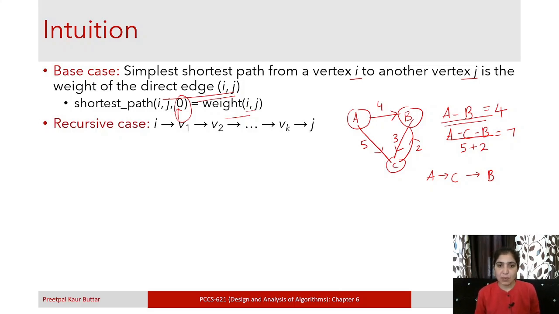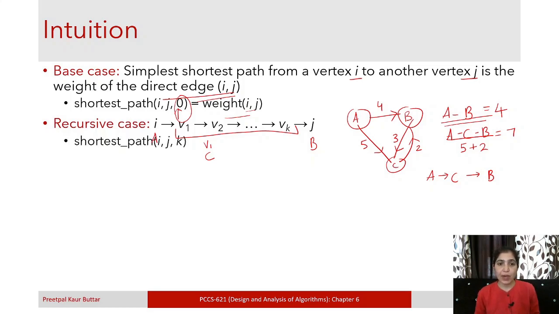In this particular example, this is your A, i means A, j means B, and these are the intermediate vertices starting from V1 to Vk, and all of them are distinct. In this case we have only V1, suppose, and V1 is C. It means this path is going through C. C is the intermediate vertex.